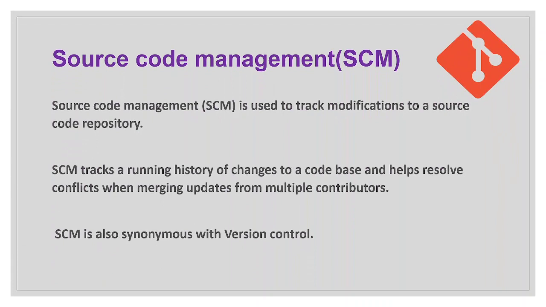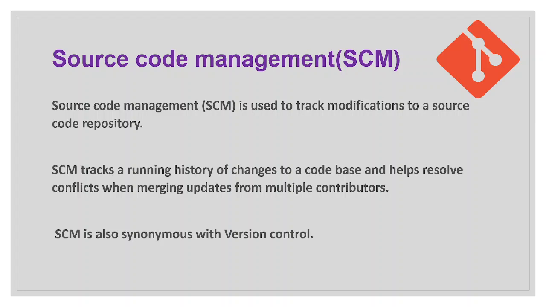Okay. And source code management systems are going to overcome all these issues, where multiple people can work on the same code base without any issues. Source code management is going to track the versioning and what modifications were done by a particular contributor.